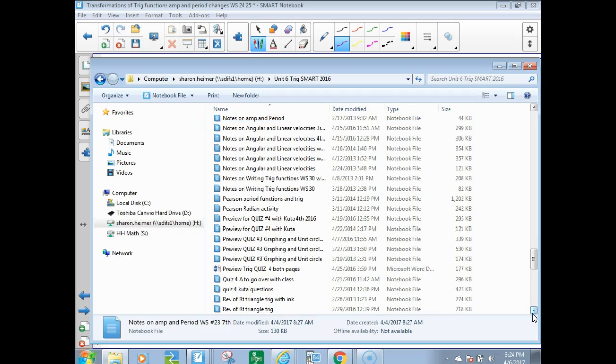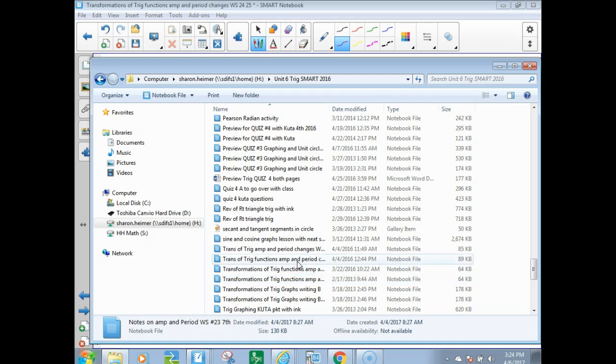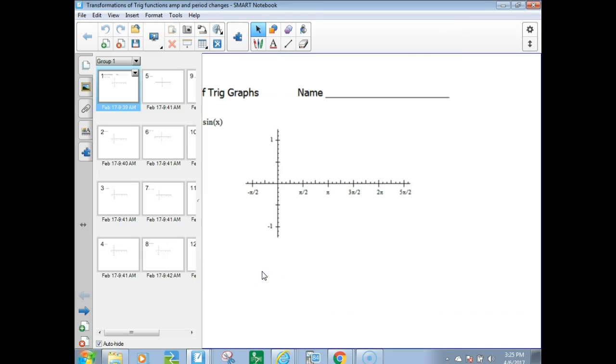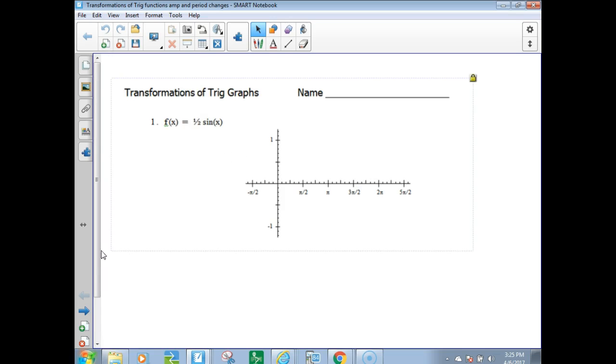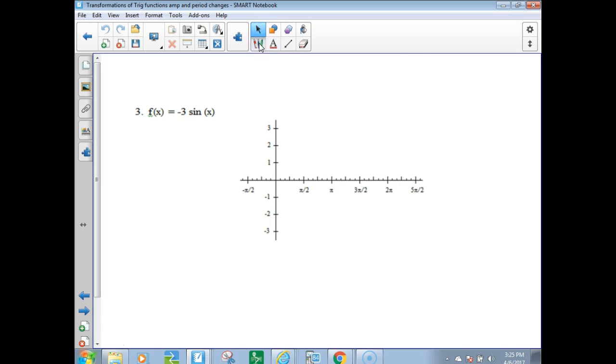You're going to reflect it. So it's going to be the same graph. Now, these are kind of nice because they already have the grids here for you and they're semi-labeled. Some are labeled, some aren't.